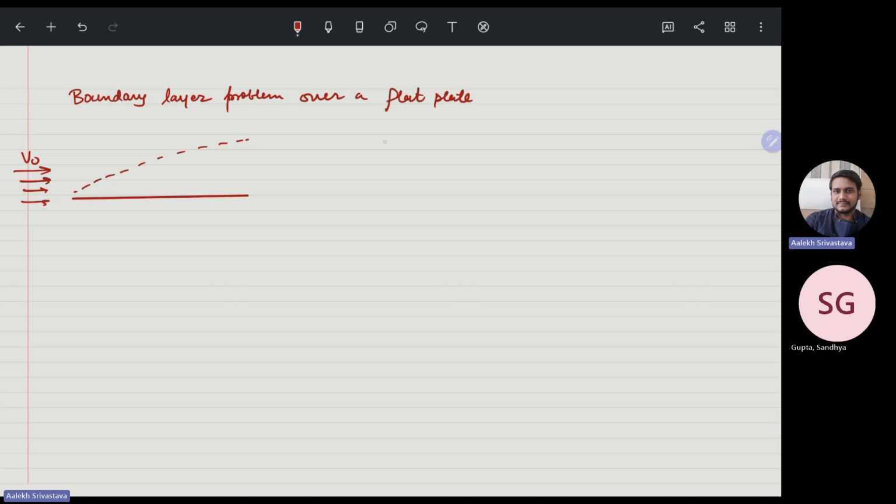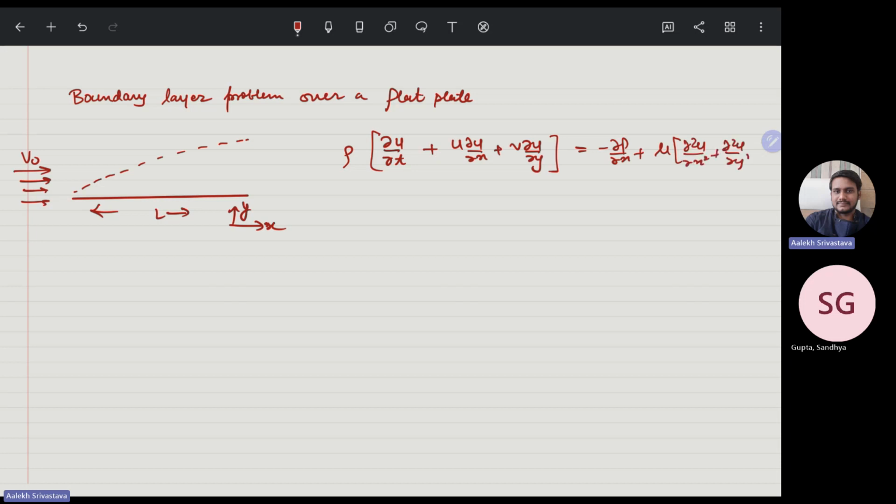If you write the Navier-Stokes equation, it is del U by del T plus, with x and y directions and total length L, U del U by del X plus V del U by del Y, this whole multiplied by rho, is equal to minus del P by del X plus mu times del 2U by del X square plus del 2U by del Y square.